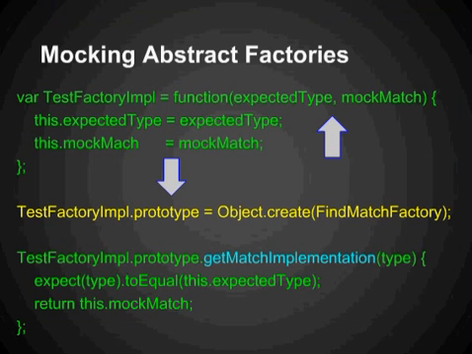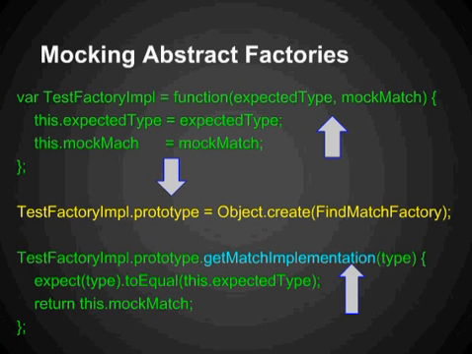Which brings us to our final pattern of the day, the abstract factory pattern. Again, all an abstract factory is, is that it takes a runtime value and converts it to a dependency. The factory implementation gets created at the composition root along with all the other objects.